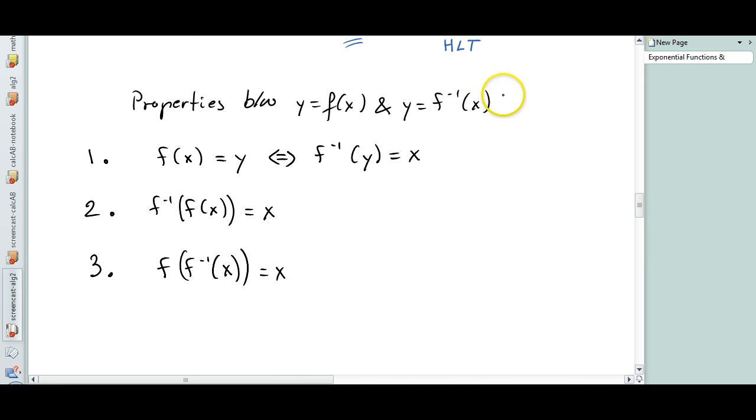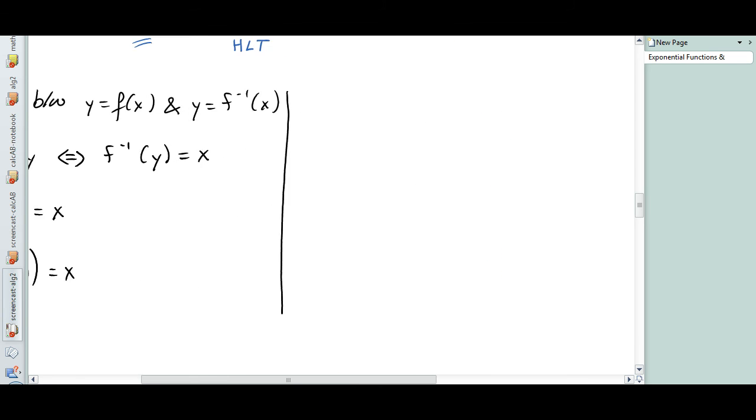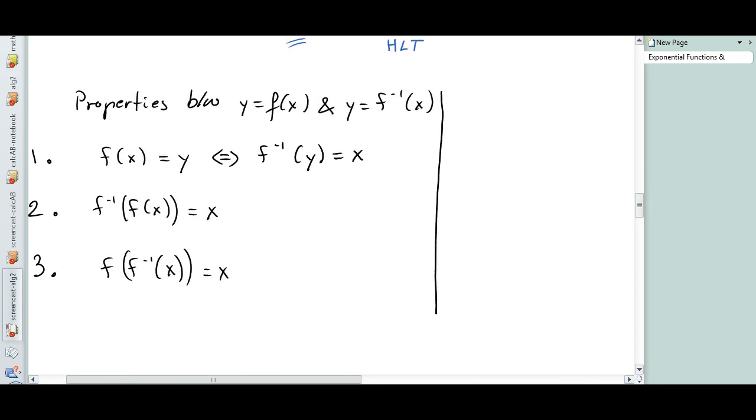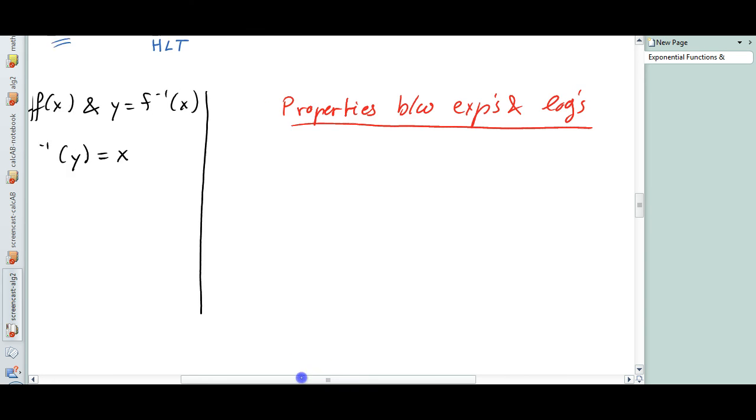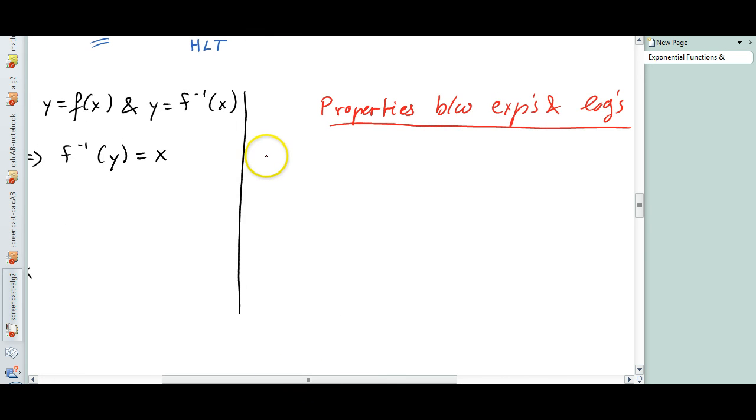Well, what happens to these properties now when you deal with logarithm and exponential functions? So I'm just going to rewrite that, but instead of being called properties, now it's going to be properties between exponentials and logs, okay? All right, let's write the first one.